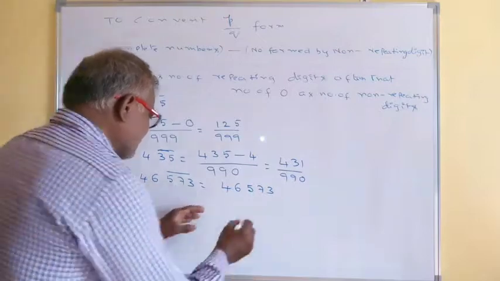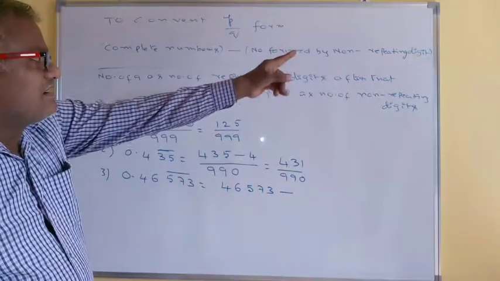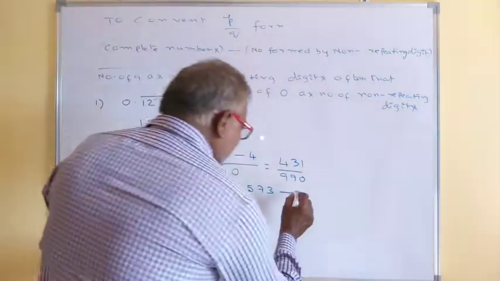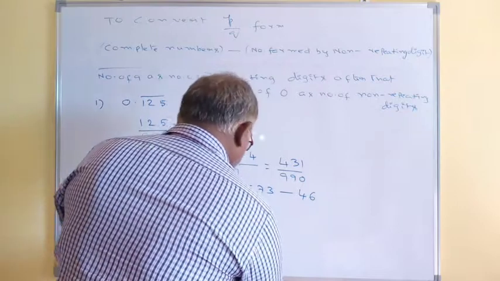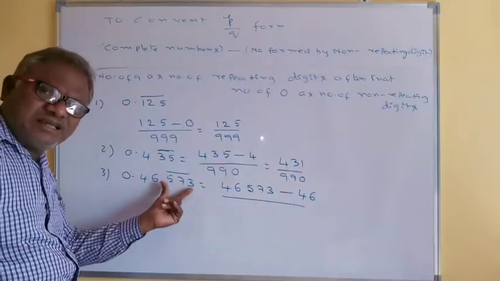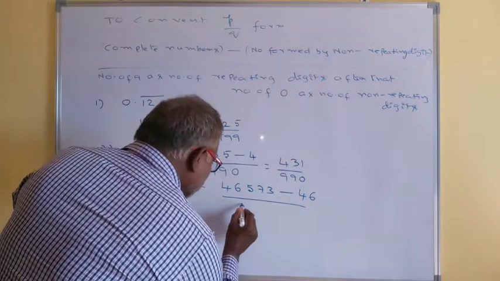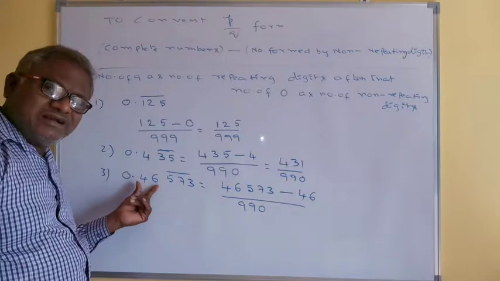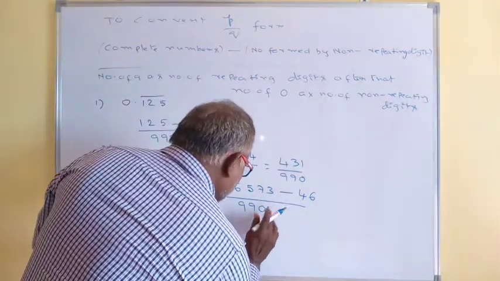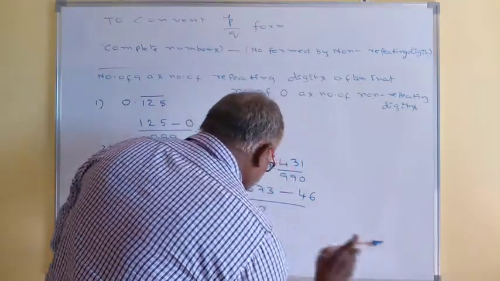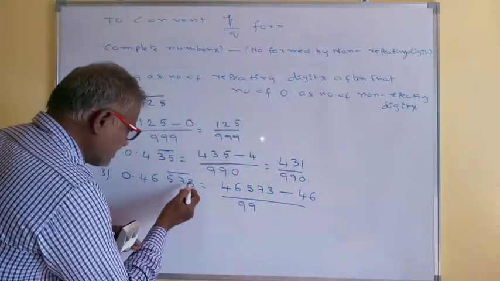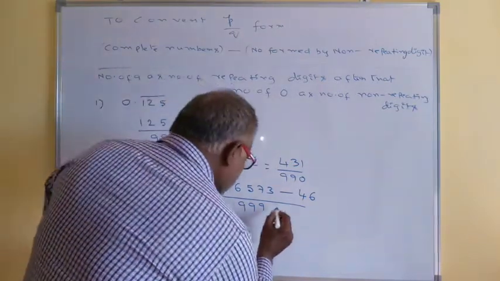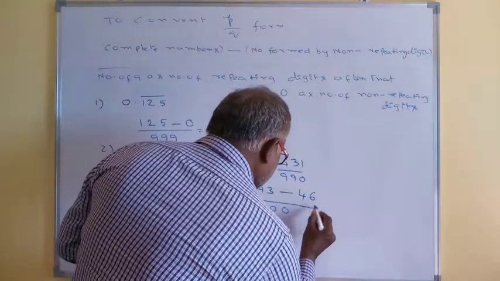After that, write the number formed by the non-repeating digits, 46. In this one, how many digits are repeated? 3 digits, so write 3 nines. How many non-repeating? 2 digits, so write 2 zeros. This is the way to do.